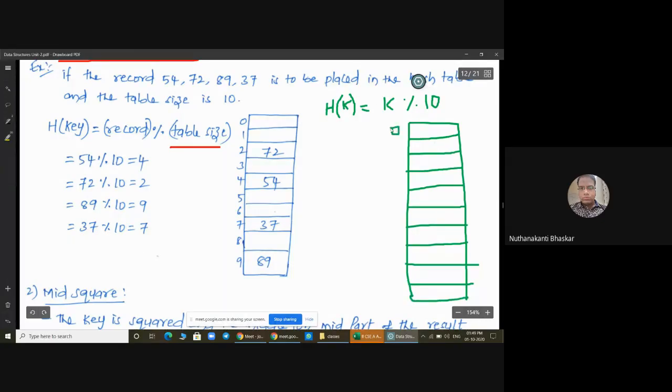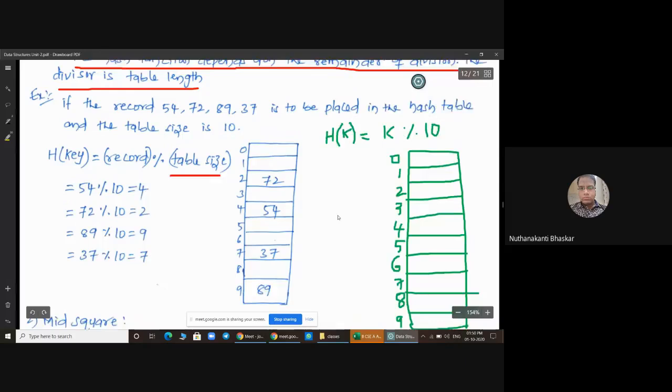This is zero indexing; these indexes are the hash values. Are you clear? The table is divided into two parts: one is the hash value, another one is the input data. Yes or no? Yes, sir. Very good.